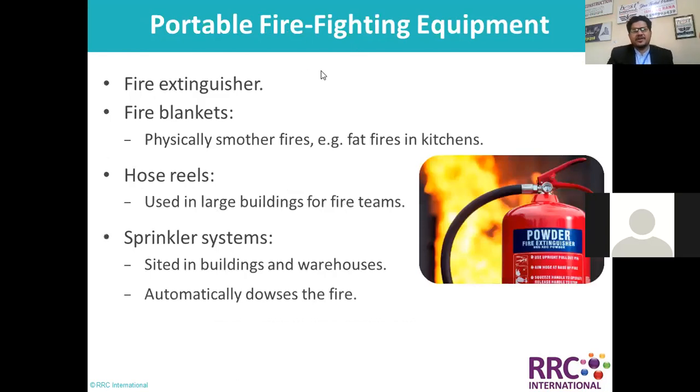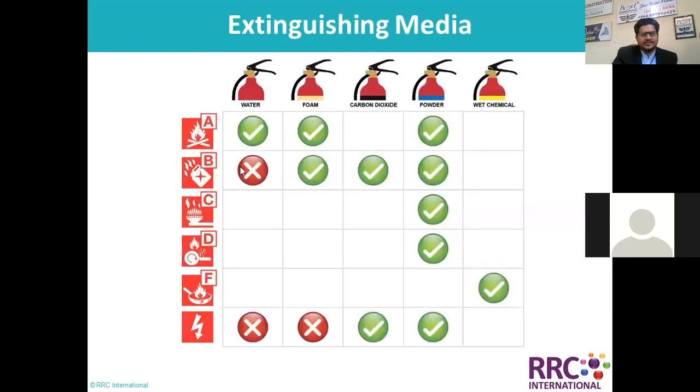Now portable firefighting equipment like fire extinguisher, fire blanket, hose reel, sprinkler system. Mashallah, you guys understand. This is an important kind of extinguishing media: water, foam, carbon dioxide, powder and wet chemical. And for what class of fire you can use them, you can easily understand.